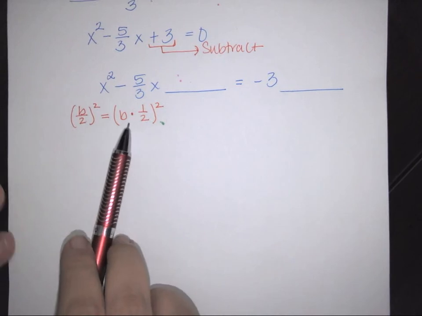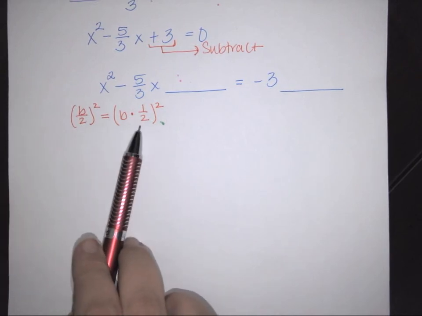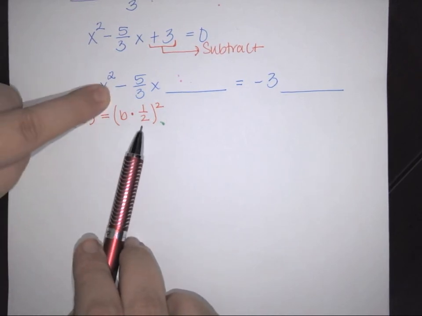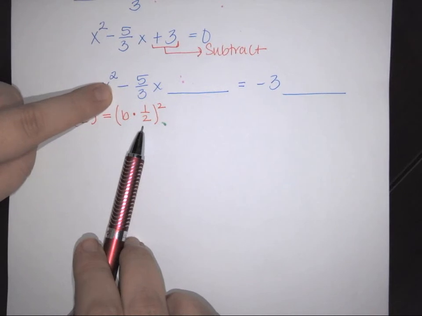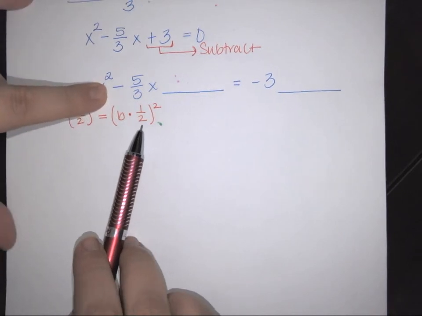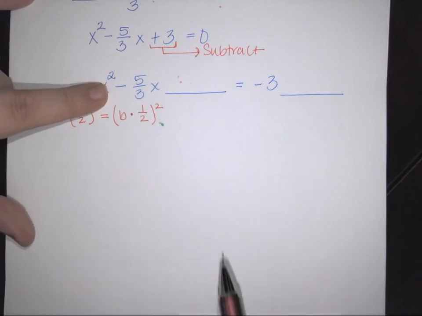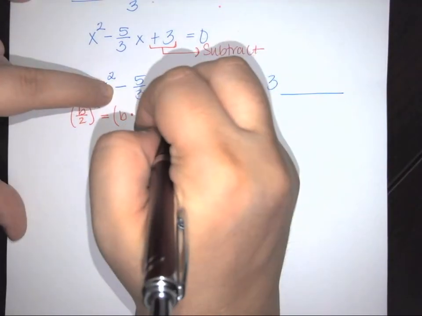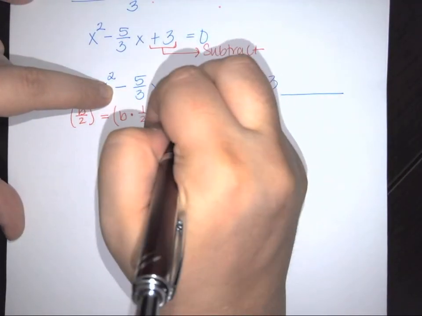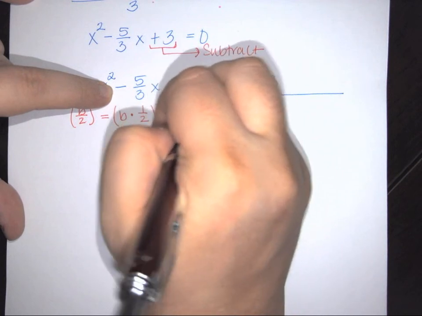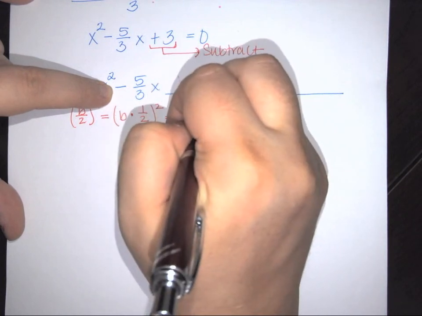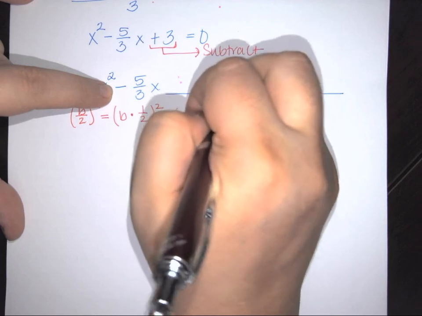The reason I would consider using this method is strictly because my b term is a fraction. It's a lot easier to look at fractions when you're multiplying them together than when you're dividing them out. So this in itself is going to become negative 5/3 times 1/2 and square it.